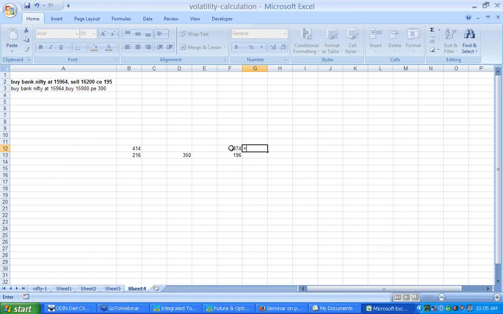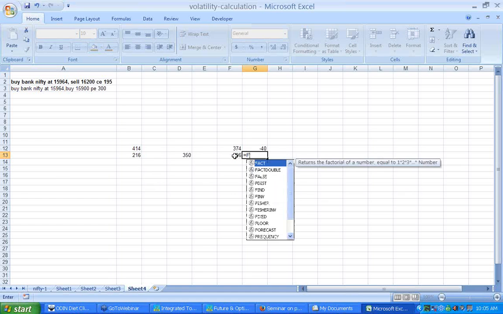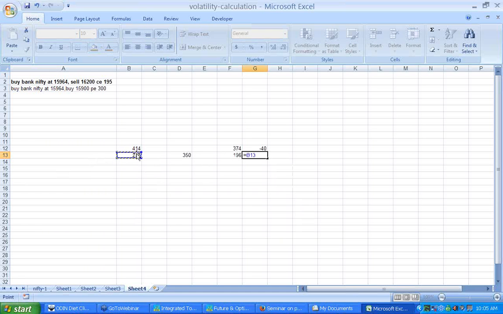So I'll have a loss of 40 points here, and here I'll get 20 points of profit. On the option I have sold, 216 at the 912 level, I'll have a liability of 20 points. So it may not be promising for me.